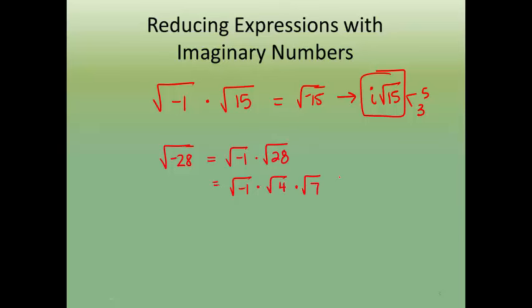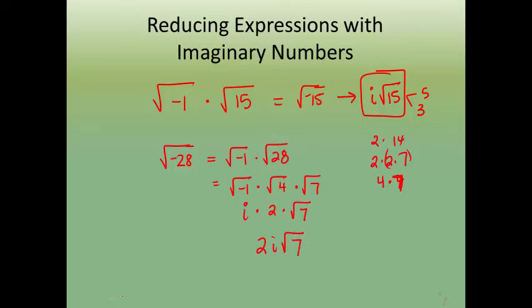Again, if you didn't think of it that way and you thought of it as 2 times 14, you'd end up with a 2 times a 2 times a 7, which is the same as 4 times 7. That's the 14 that you may have thought about. All right, so this leaves me with an i times a 2 times the square root of 7, or 2i times the square root of 7.